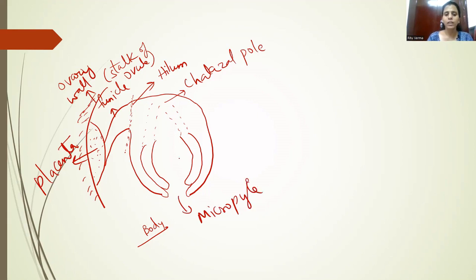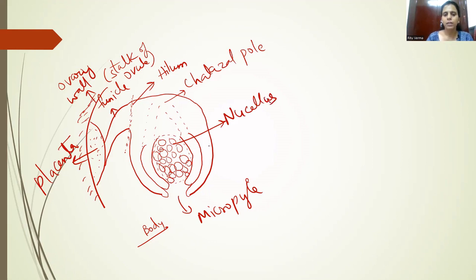micropyle. And in the center of this ovule, there is a mass of tissue, or a mass of cells present, and this mass of cells is known as nucellus.